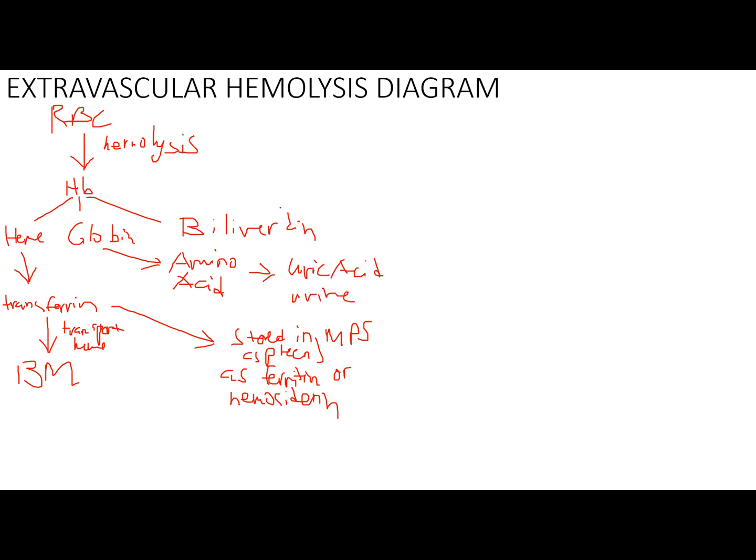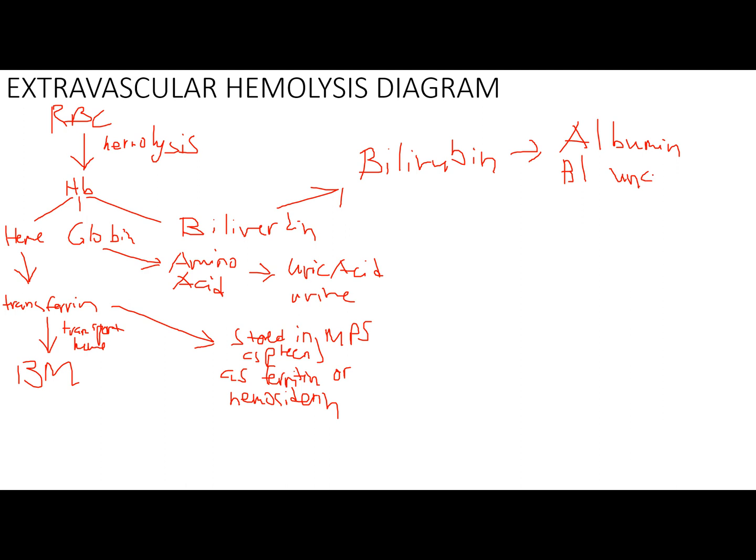Si biliverdin nyo class, please take note of this. Si biliverdin nyo would be converted into your bilirubin. Si bilirubin nyo ngayon class would now cause the binding of your albumin. It would bind with your bilirubin. Specifically, yung tinatawag nating B1.